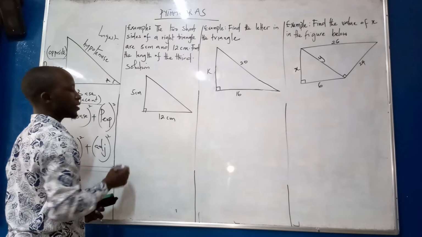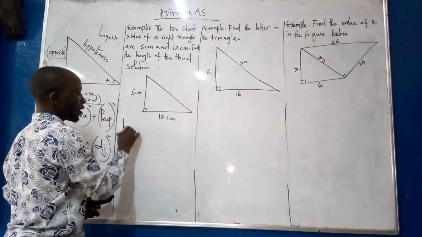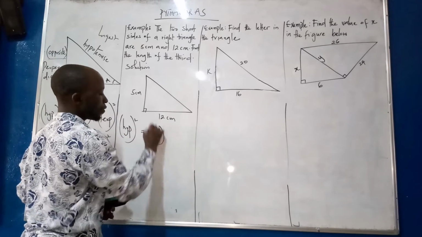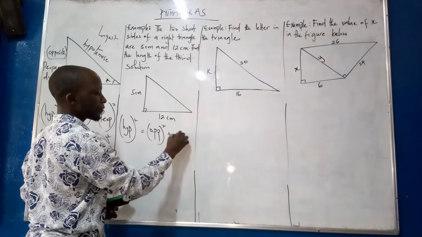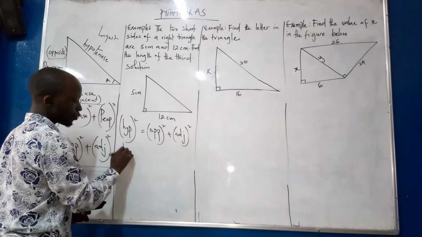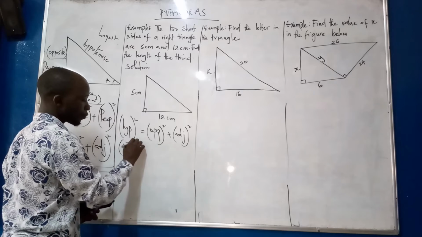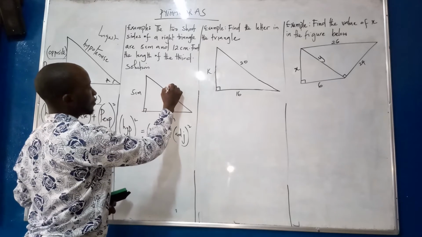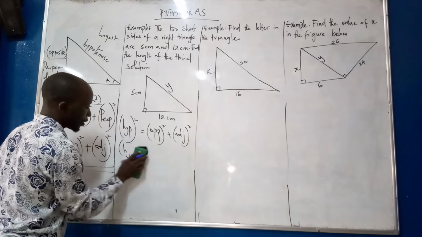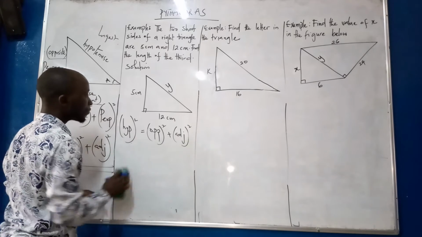The Pythagoras theorem says hypotenuse square equals opposite square plus adjacent square. Let's call the hypotenuse y, which will make our work easier.